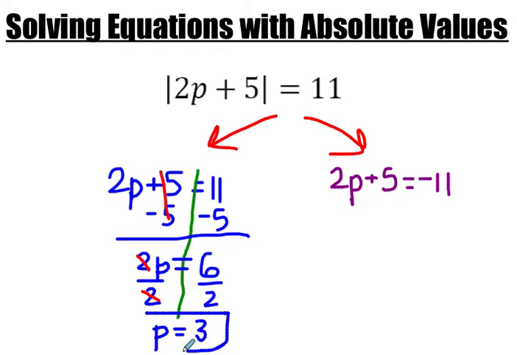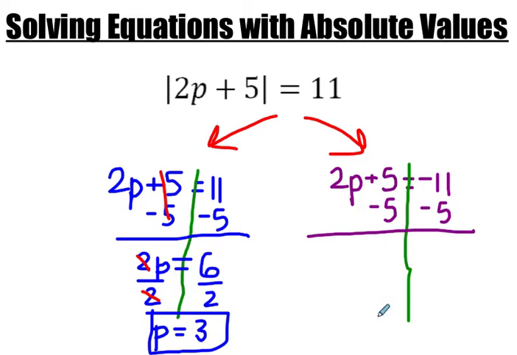Now to get my second answer here, I have to solve the purple equation. Same way though, just following my normal rules for solving equations that we've learned in chapter 2. So I first need to get rid of the 5 because it's held on by addition. So I'm going to subtract 5 on both sides. So when I subtract 5s, these will cancel.